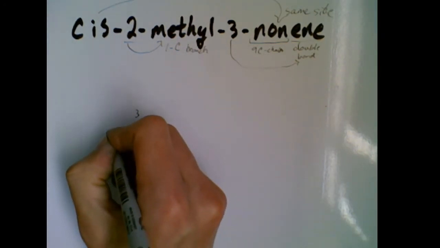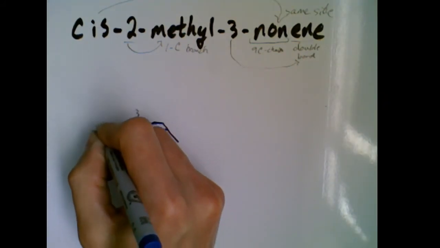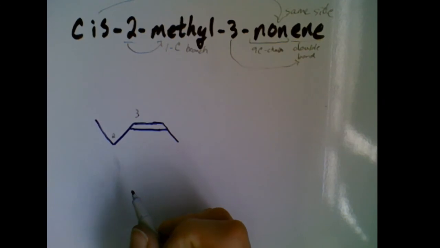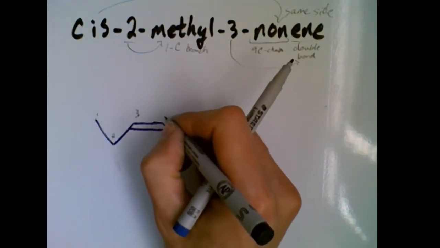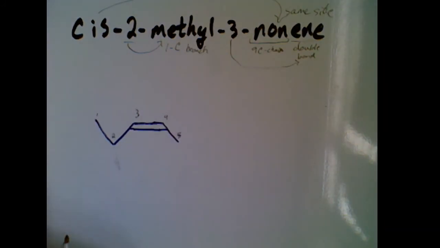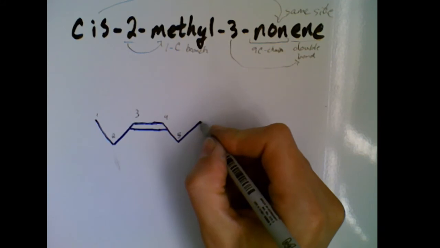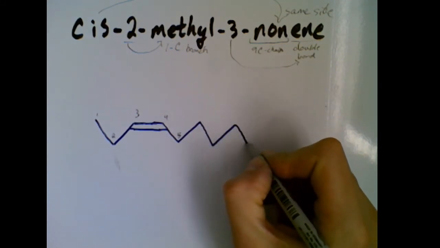I'm just going to write it up here, actually. And that means there's 1 more carbon. So 1. So now I have 1, 2, 3, 4, 5. I need 9 in total. So 6, 7, 8, and 9.